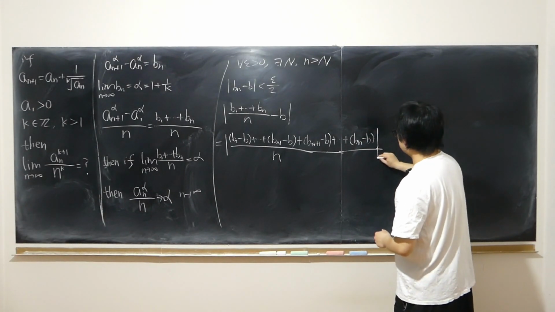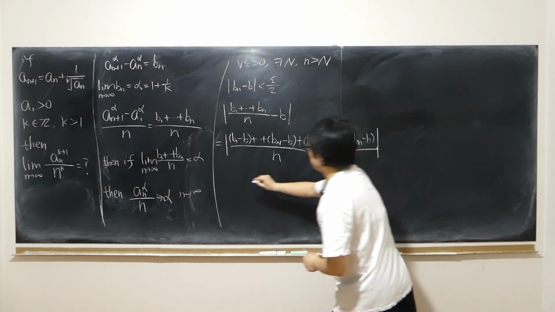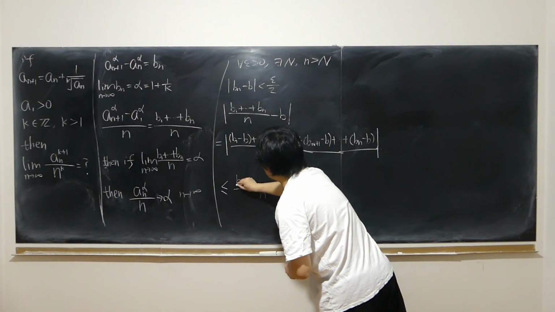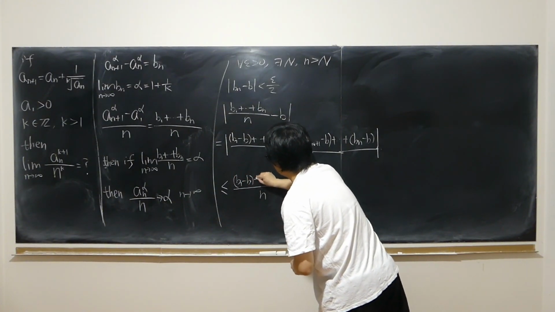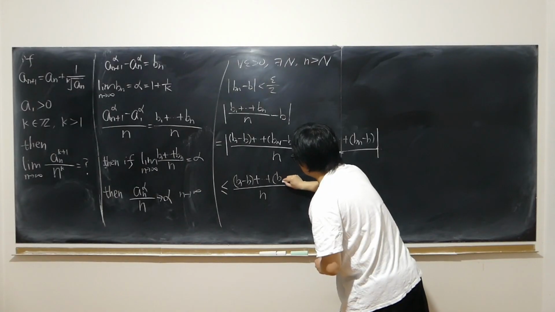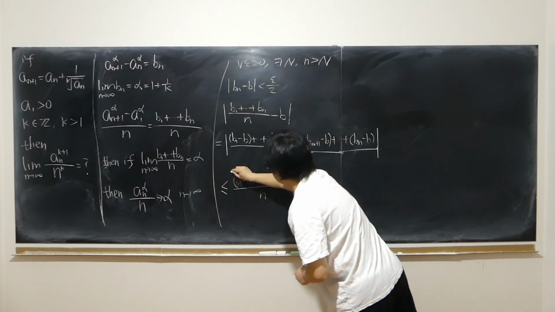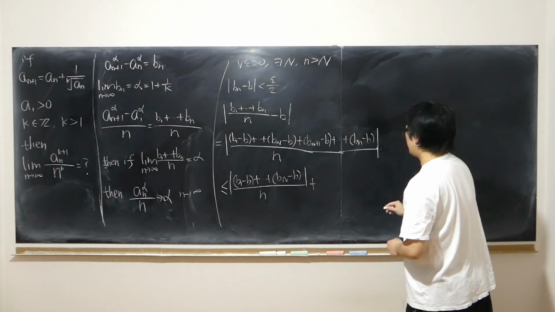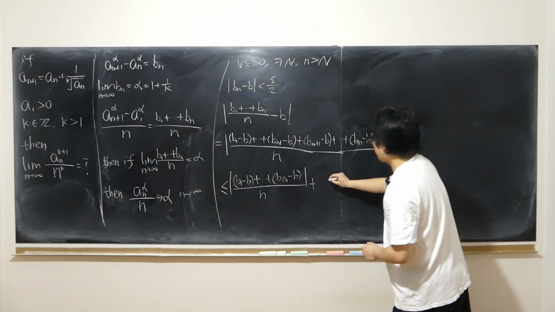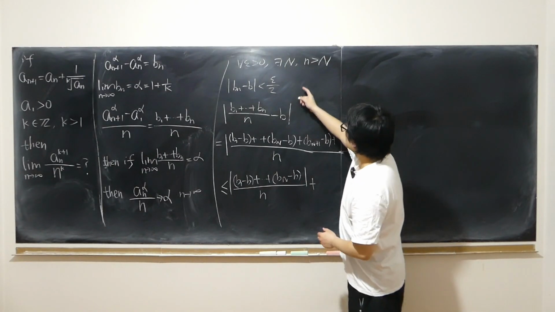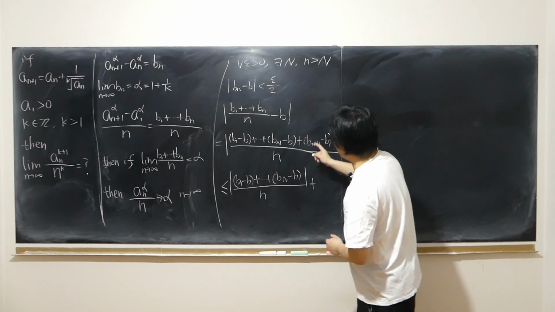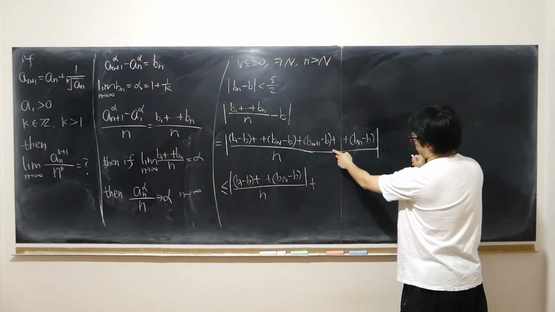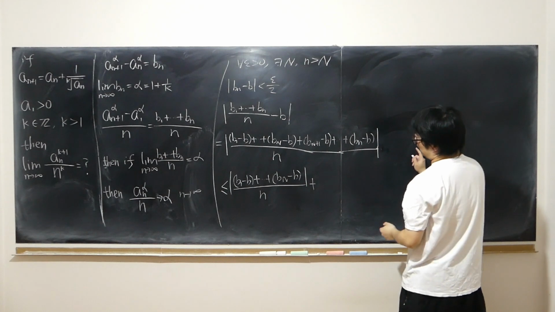So here, less than or equal to the absolute value of b_1 minus b, up to b_N minus b, plus, remember, when little n is bigger than this capital N, b_{N+1}, b_{N+2}, all the way to b_n.